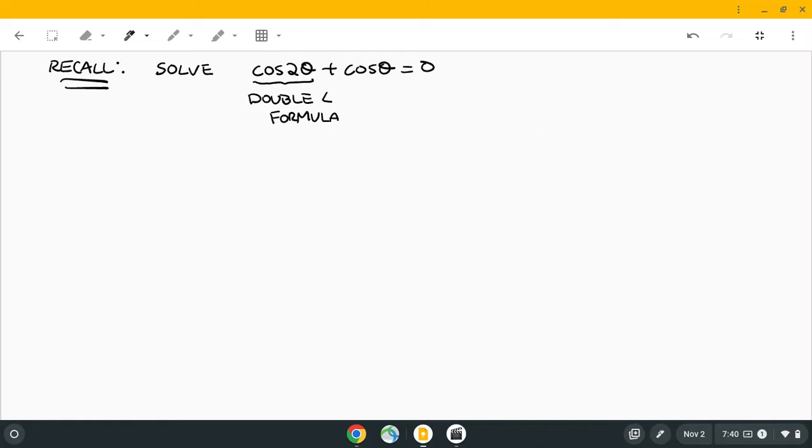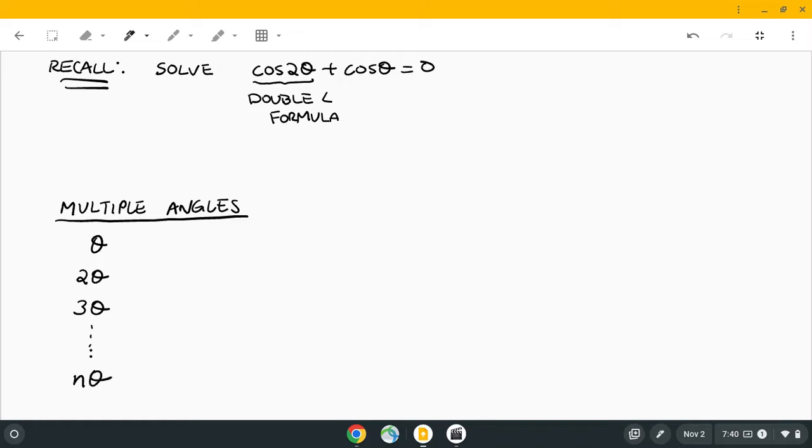Okay, all right. So about multiple angles. You might have cosine theta, or maybe you have cosine 2 theta, or maybe you have cosine 3 theta, or just some multiple of theta, right?